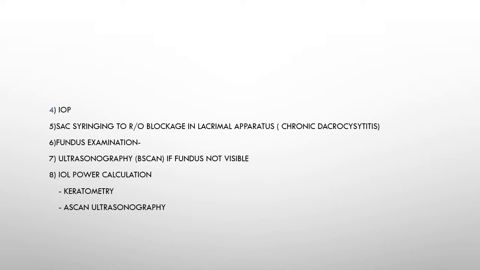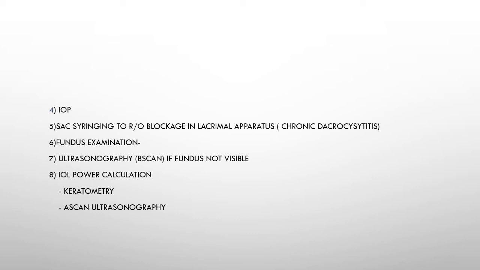Intraocular pressure is very important. Intraocular pressure can be measured either by non-contact tonometry or applanation tonometry. If you have suspicion of raised intraocular pressure, then you will do applanation tonometry, which is the gold standard for measurement of IOP. Sac syringing to rule out blockade in the lacrimal apparatus, which is basically to rule out chronic dacryocystitis.